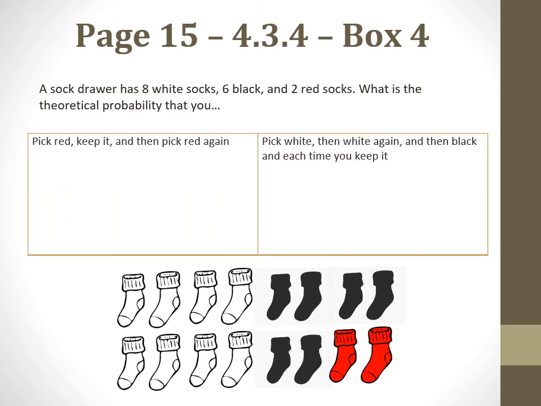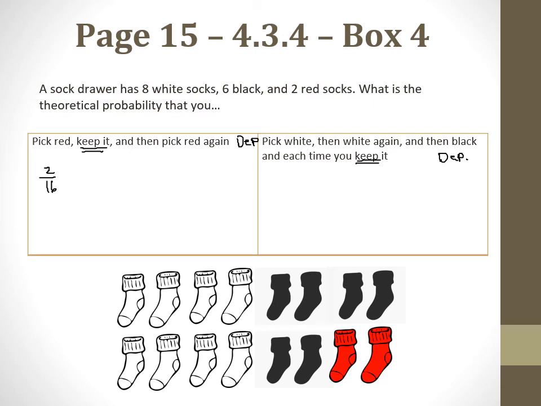And we have 2 more questions here. These are, again, dependent probabilities because both of them are talking about the fact that you keep it. So these are going to be dependent probabilities, the number of outcomes is decreasing for each pull. So initially, the probability of picking red, there are 2 reds out of 16 total socks.